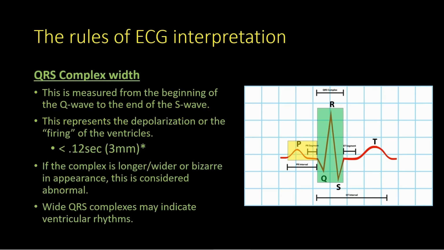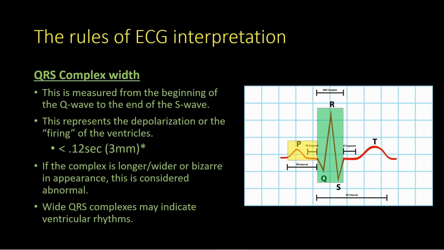Now, as we said before, the QRS complex starts getting measured right here at the downward deflection of the Q wave, and it goes to the end of the S wave right here. So there's the width of our QRS complex. It's the depolarization or the firing of the ventricles.